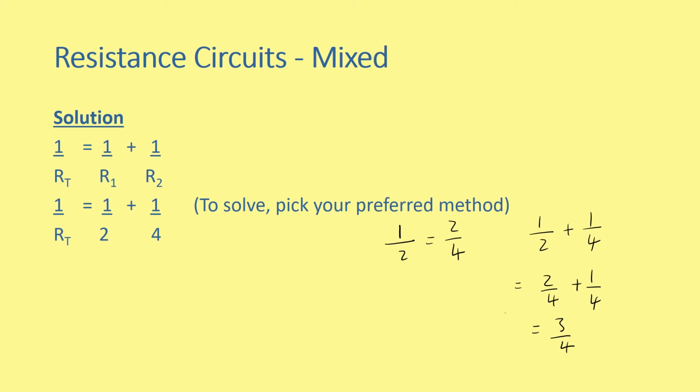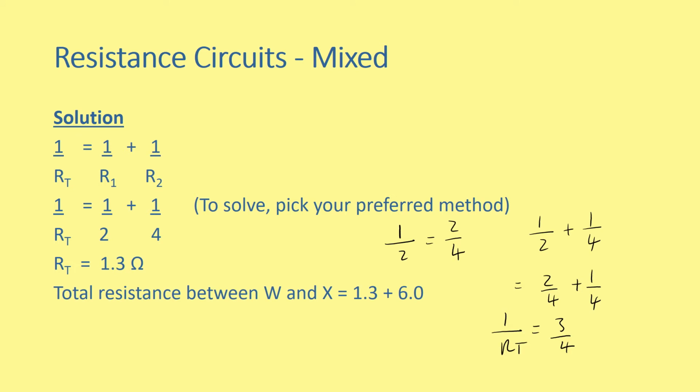Remember, this is still 1 over RT. So in order to find RT, we need to flip, and RT becomes 4 over 3, which is equal to 1.3 ohms. Remember, this is the parallel resistance. This is the resistance between Y and Z. So in order to find the total resistance between W and X, we need to take that parallel resistance and add it to 6 ohms, giving us a total value of 7.3 ohms.